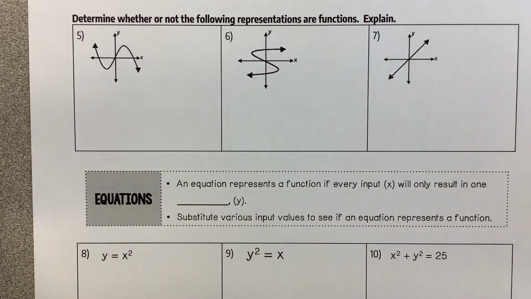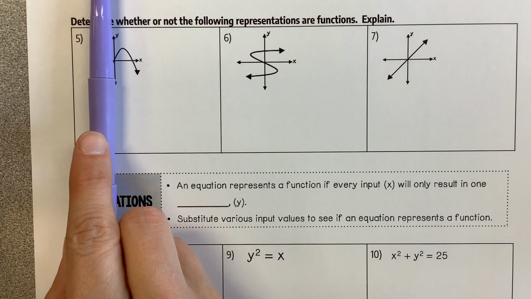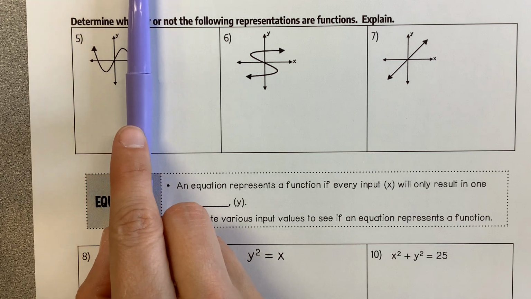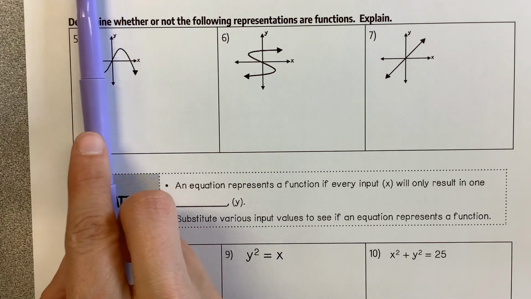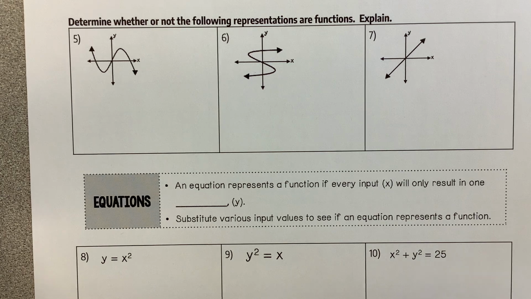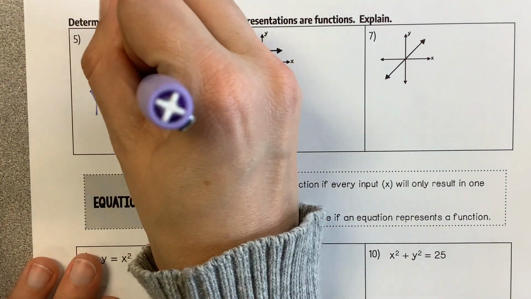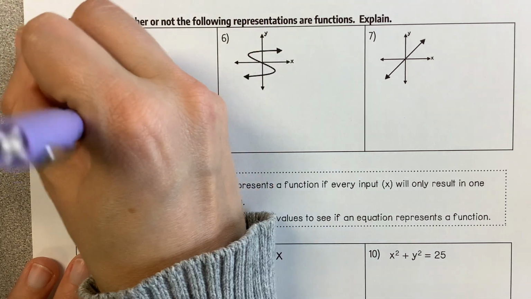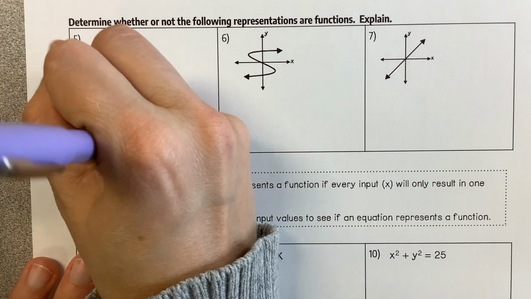Looking at graphs. So when we said we were checking this, we're looking to see, does it pass the vertical line test? So when I kind of go across vertically, is it only hitting in 1 point? Yes, this one is. There's no overlap. So my reasoning would just be yes, passes the vertical line test.